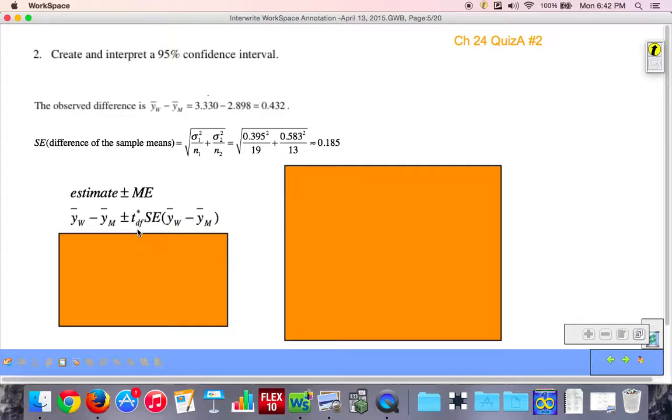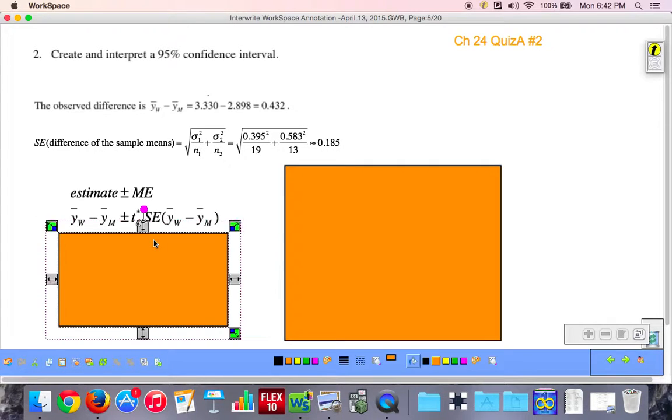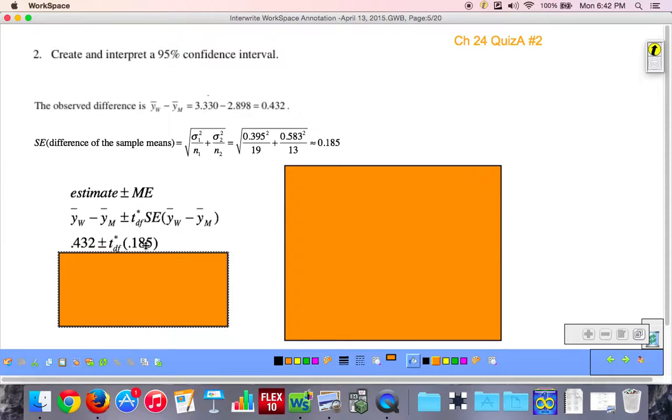That's also something we got in question number 1. And the standard error is given up above as 0.185. So let's plug in what we know, and I'll just review how to find this critical t value.